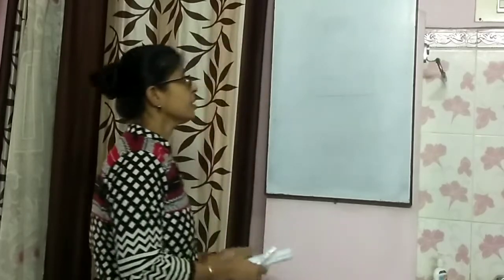In my last video I did a few sums from the chapter coordinate geometry, that was from exercise 7.1. Today I'll be giving you the sums from 7.2 and hopefully 7.3. Let's start the chapter.